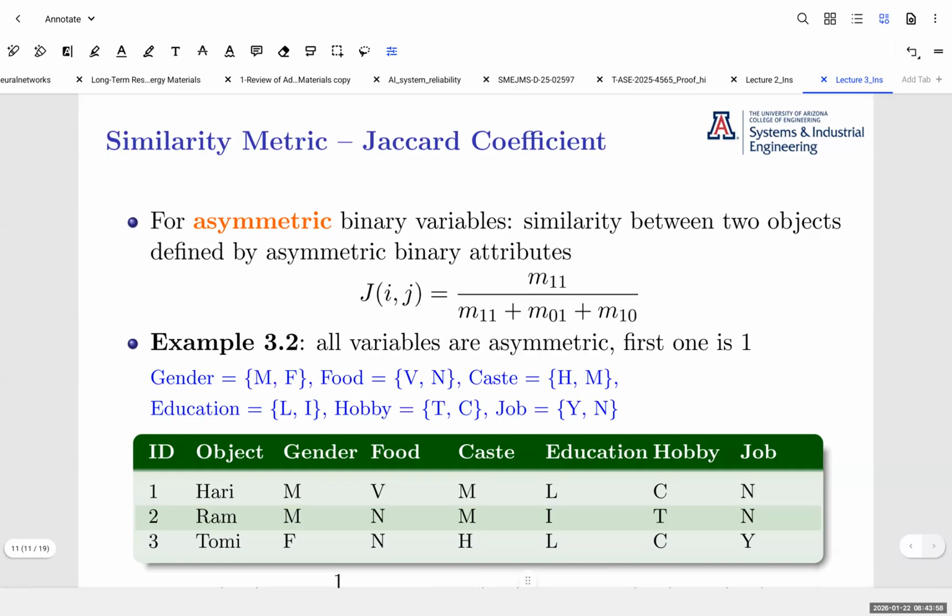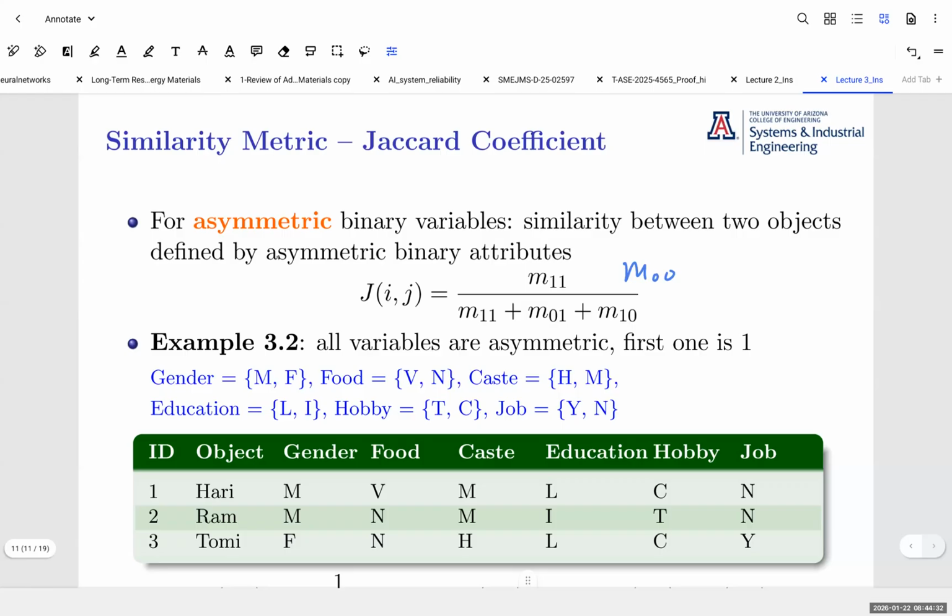Here we introduce one similarity measure. It's just the difference from the distance. We care about how similar the two data objects are, close to each other, are the same, are similar to each other. Okay, we call it Jaccard coefficient. You can see for asymmetric, we care about how the two data objects share the same positive. We don't care about the same negative, right?